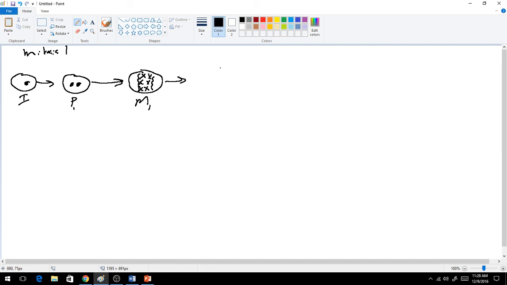Interphase, prophase, metaphase, anaphase. Again, the cell is starting to elongate, anaphase 1. So the chromosomes start to move apart. The organelles start to move apart. And we're going to get ready to split this thing. Then we get to telophase 1, where the genetic material starts to condense.